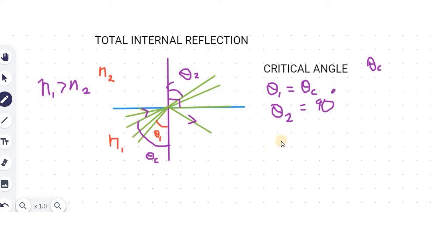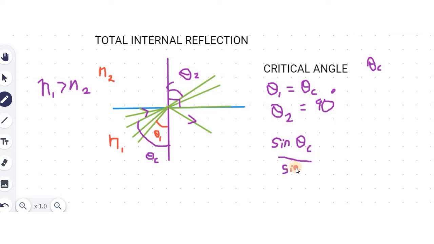Then by Snell's law, sine of angle of incidence is sin theta c, and sine of angle of refraction is what? Sin 90.